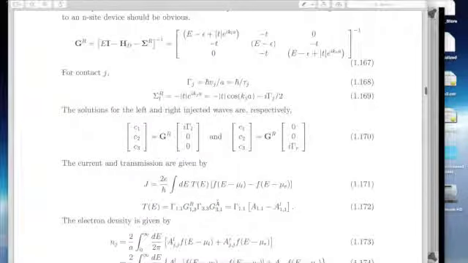This is the general way you get the current. Again, for a ballistic system, it's only valid if there's no phonon scattering in your device. It's what we've been doing. The relationship, how you go from the transmission coefficient to the current.